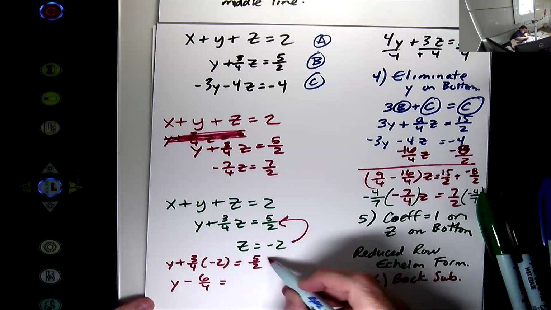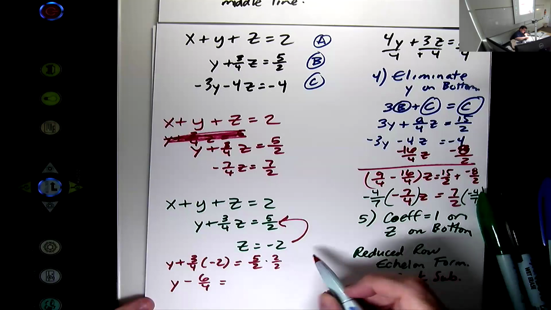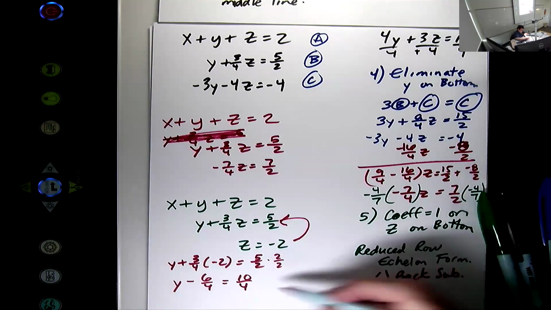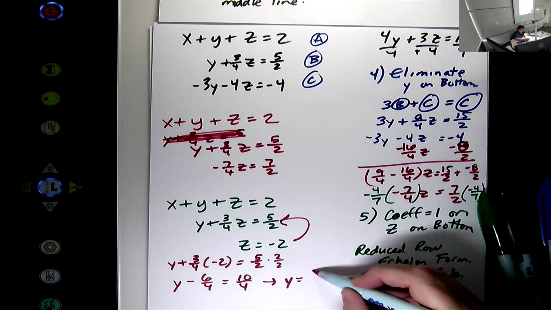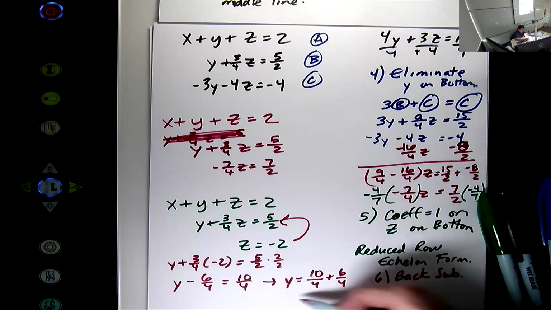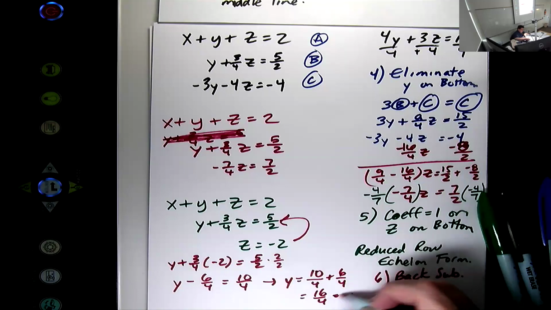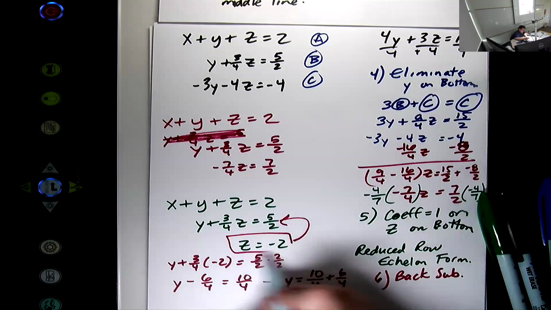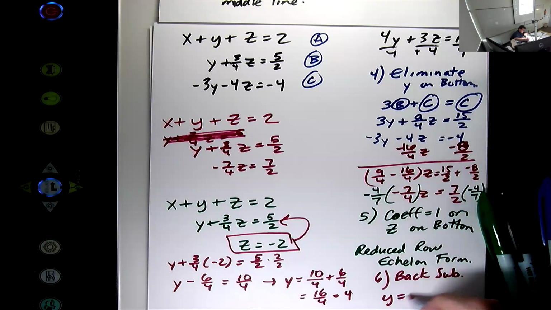I'll change this to have a denominator of 4 real quick. That's 10/4. So y equals 10/4 plus 6/4, which is 16/4, which is 4. So I've got z equals -2. I've got y equals 4.